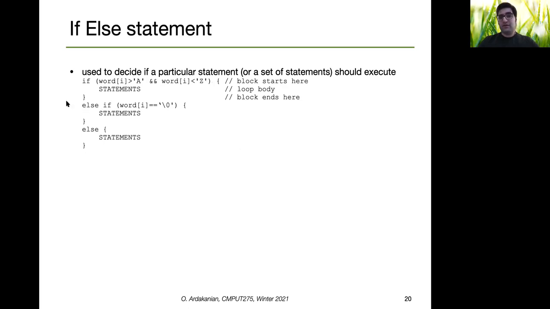Now here I have else if, because I want to also test another condition, that is, word I is equal to the null character. If it's equal to the null character, then I run these statements. And if this condition is not met, then I move on to the else part of the if-else statement, and I run these statements. Again, if you want to run more than one statement, you have to put these statements in a block, and the block is defined using curly braces.